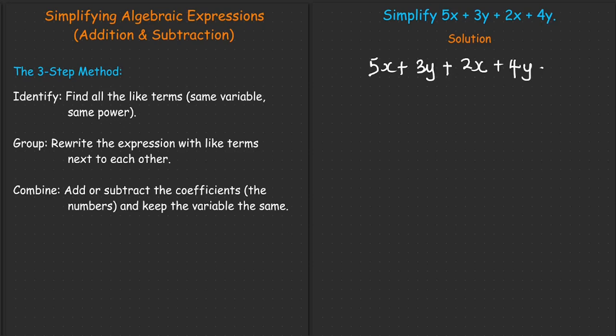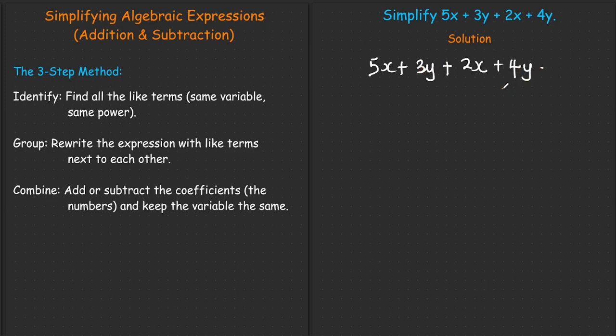So talking of the like terms, we have the x and then this x being like terms because they have the same variable and moreover, their powers are what? The same. That is 1 each. For y as well, we have this y here and then this y here. So that becomes the like terms.